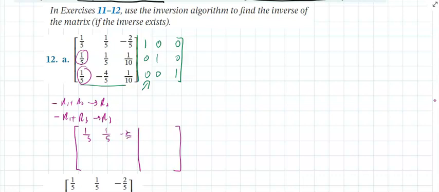Now, if you read the book, they might multiply row 1 by a 5 first. You could do that if you wish. If I multiply this by a negative, that becomes negative 1/5. Since I'm doing the same, that's 0. Negative 1/5 plus 1/5, that's a 0. Negative 1/5 minus 4/5, that's negative 5 over 5.